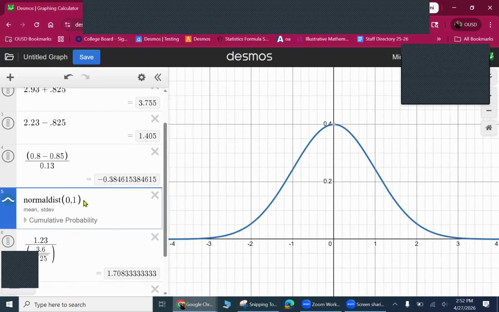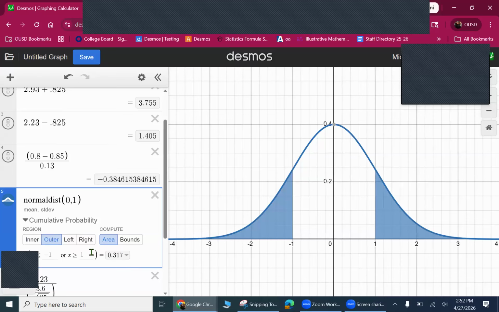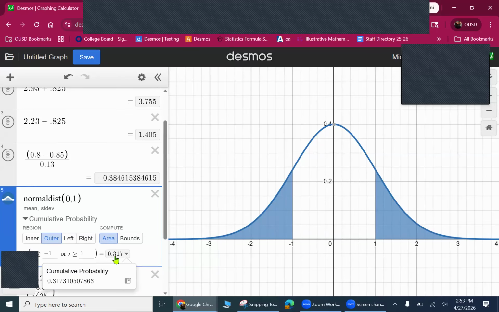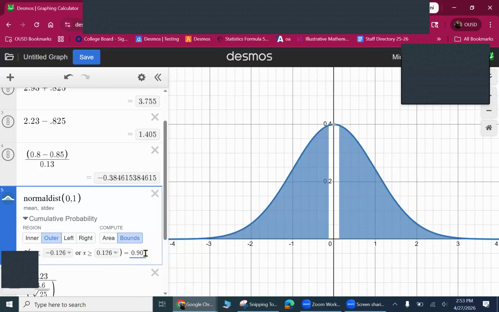Looks like this. And I am trying to figure out the outer. I want that to be 90%. Okay. That says 1.26 on both ends.